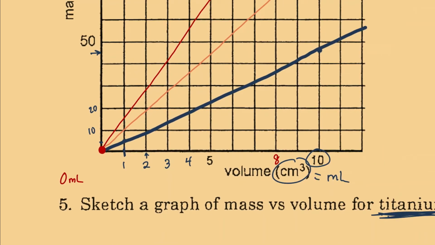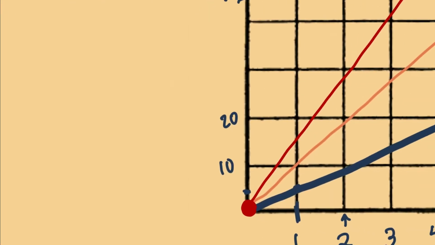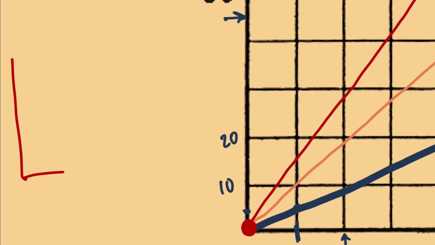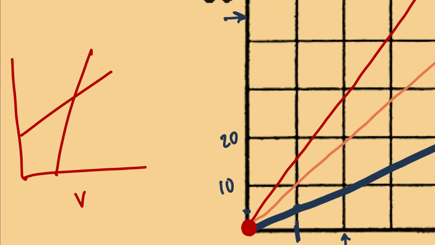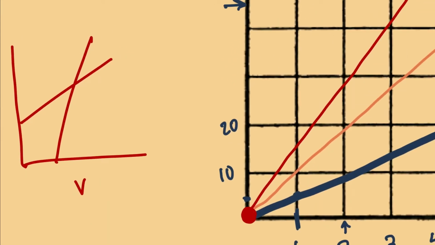On our density labs, some of us decided we were going to connect our dots or put our lines of fit, something like that, or even like this, right? And this doesn't make sense at all, right? Neither of these. Because if we have 0 milliliters, we should also have 0 grams.